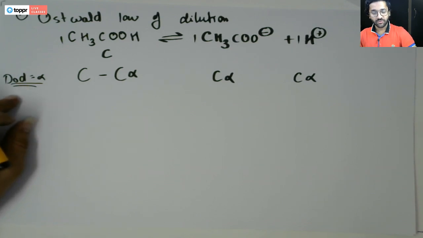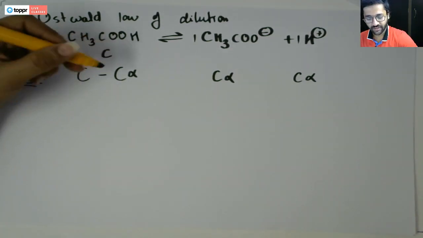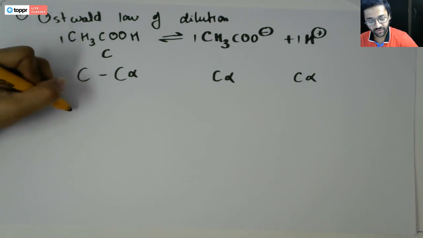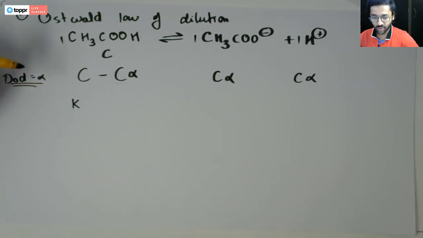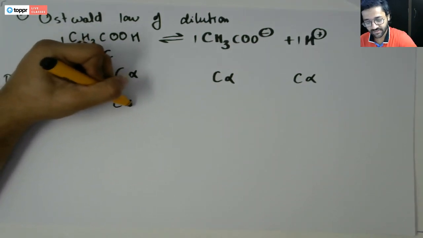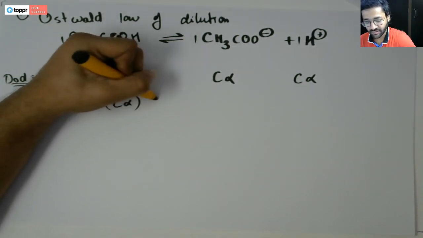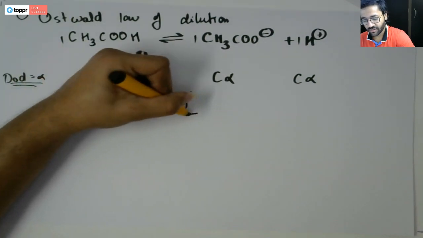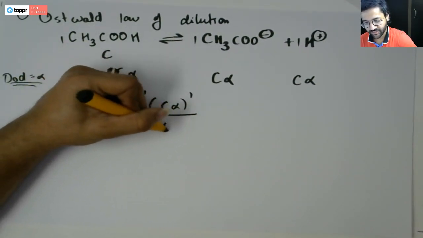Correct? Now to calculate this alpha, we calculate K. Basically, we can go back to the same formula that we have been using, which gives us C alpha to the power of 1 times C alpha to the power of 1 upon C minus C alpha to the power of 1.